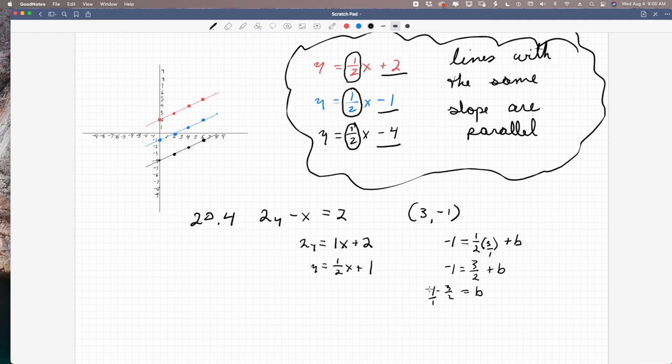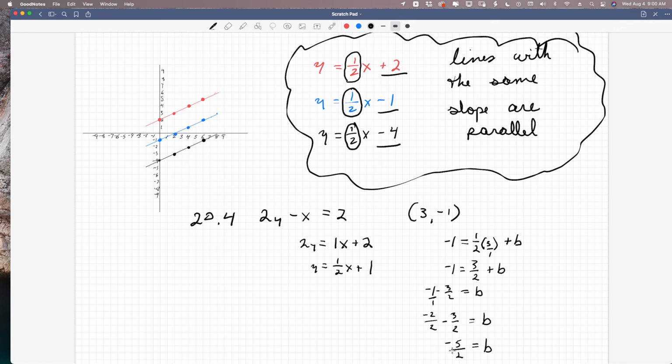We know we have to multiply in order to make it a fraction we can use. So we multiply both by 2 to get the same denominator. So that becomes negative 2 over 2 minus 3 over 2 equals b. So now negative 2 minus 3 is going to be negative 5 over 2 equals b.